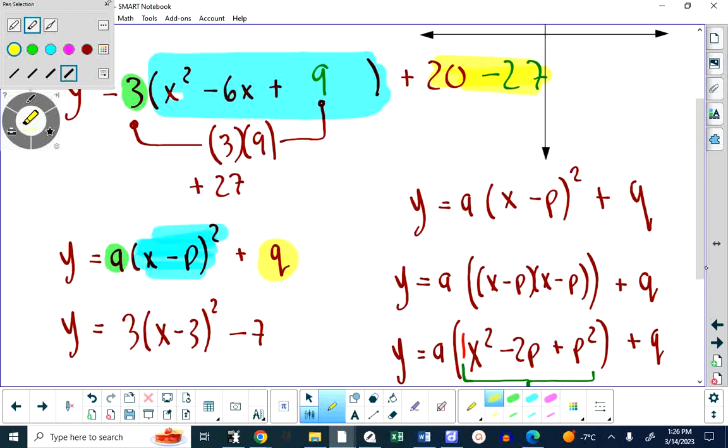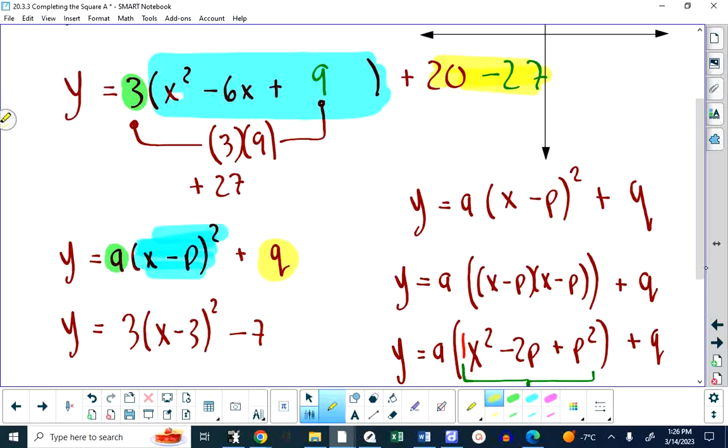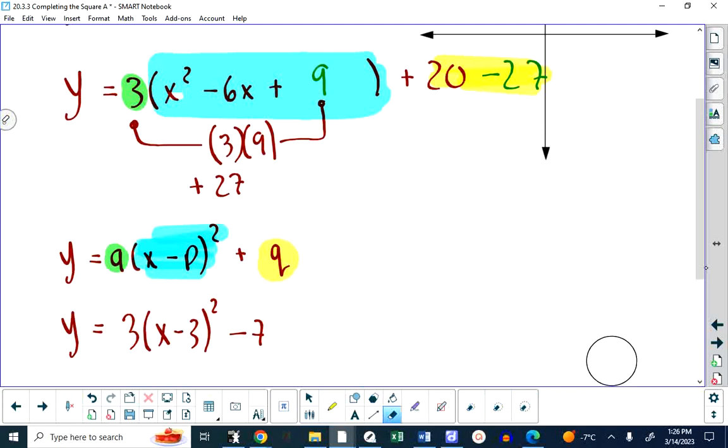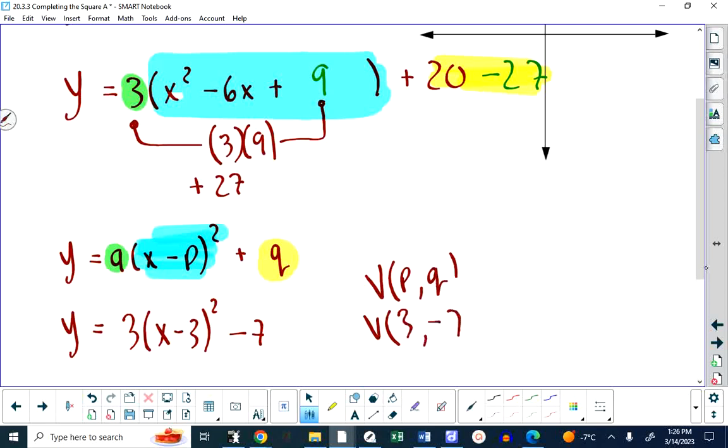So this is a parabola whose vertex is at p comma q, which would be 3 comma negative 7. It opens up because a is positive 3, and it's considerably narrower than y equals x squared.